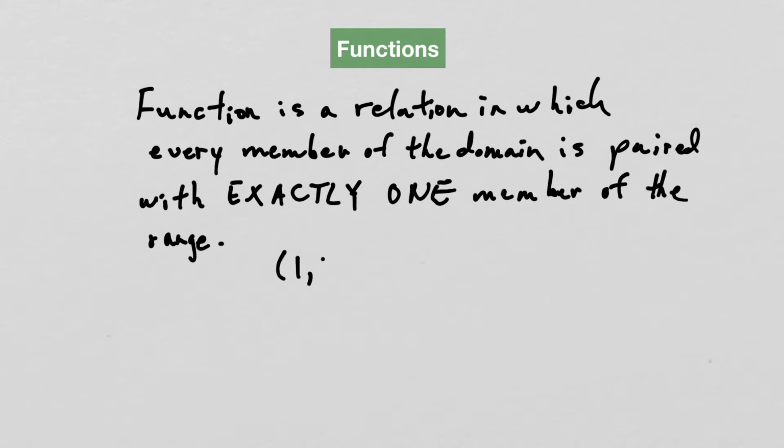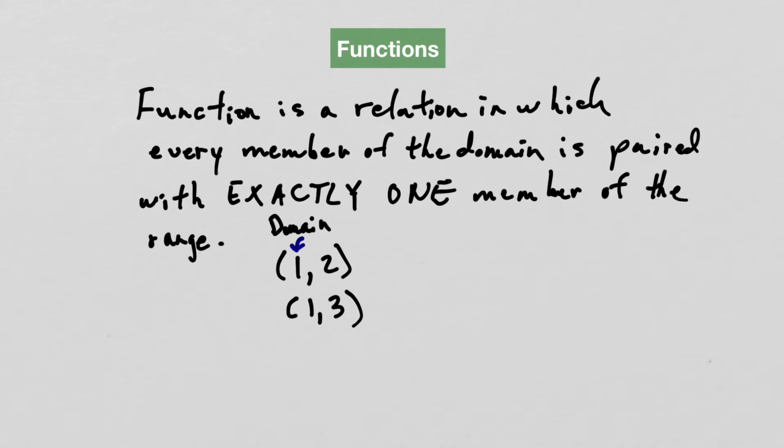So in other words, 1 comma 2 and 1 comma 3 is not a function, okay? Because here's the domain, right? This is the domain right here, and then let me just write the arrow.